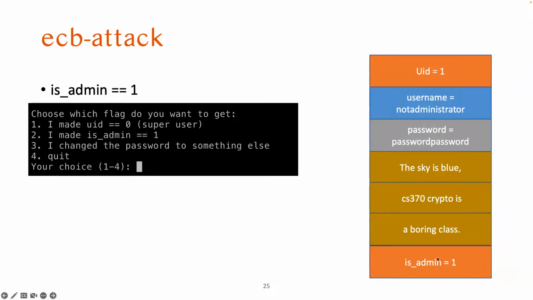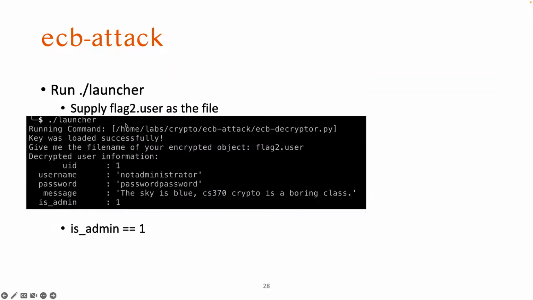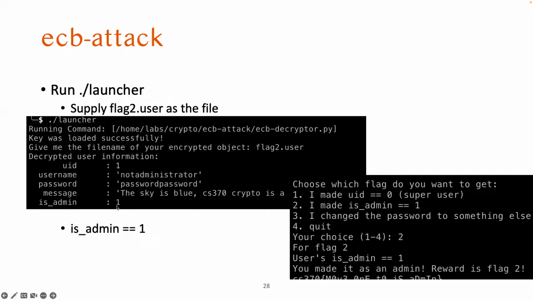That's easy. So we need to set the block 6 content from the block 0 content. Then the result shows that your UID is 1, your admin is also 1, and you can get the file.